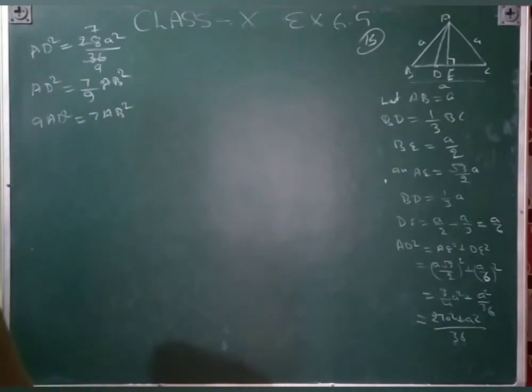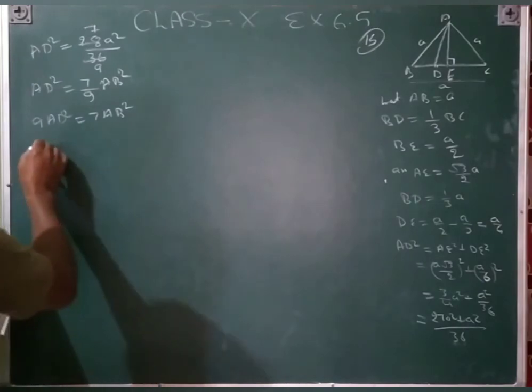Now question number 16. In an equilateral triangle, prove that three times the square of one side is equal to four times the square of one altitude.